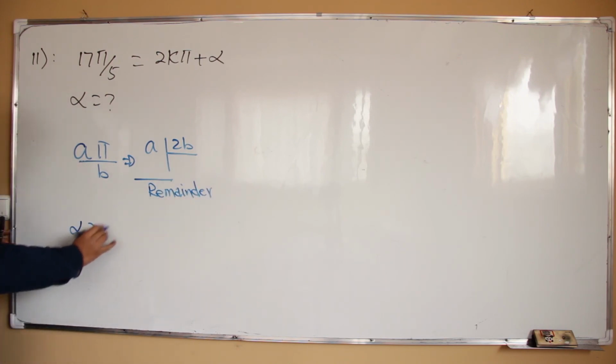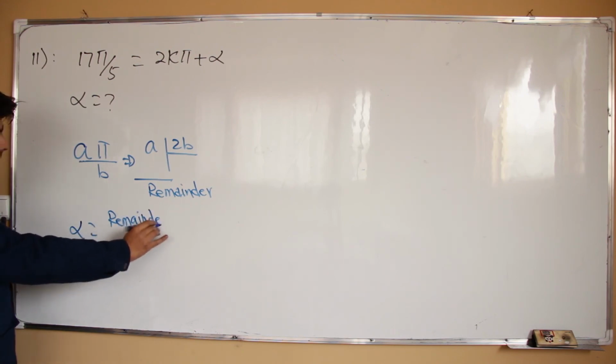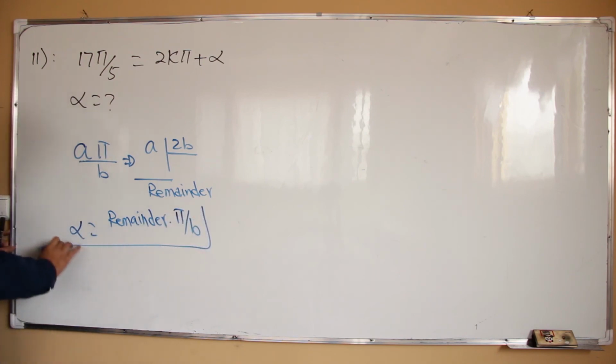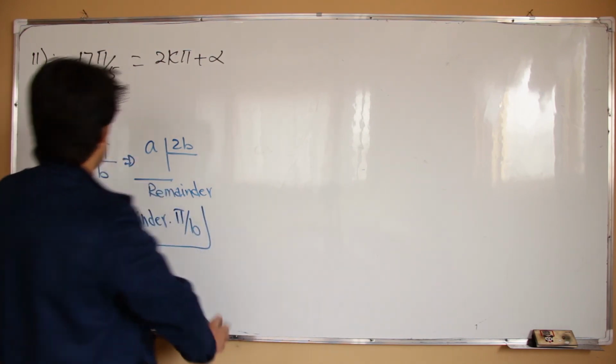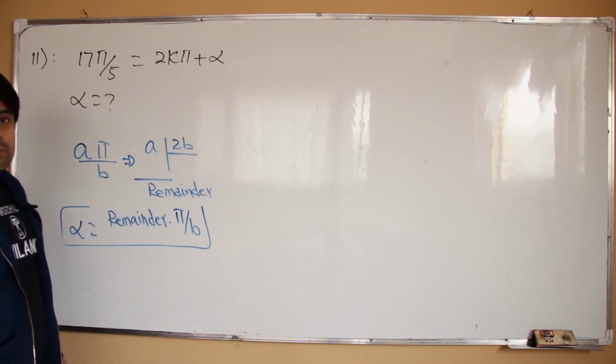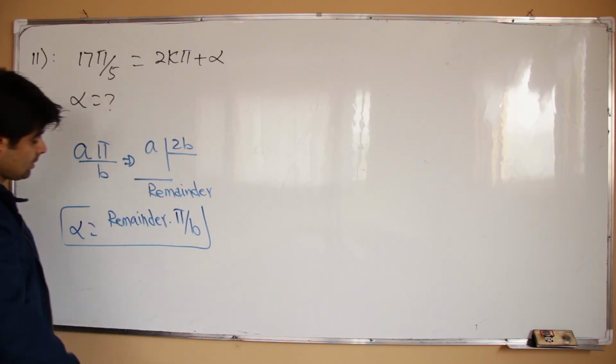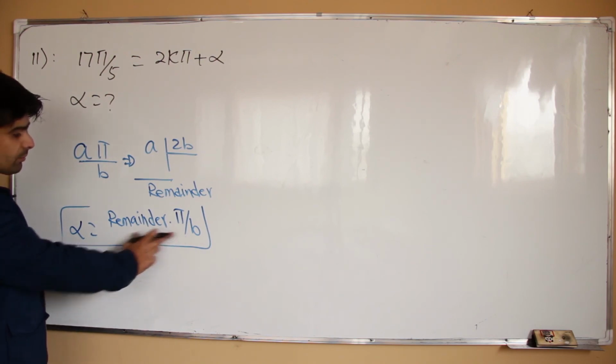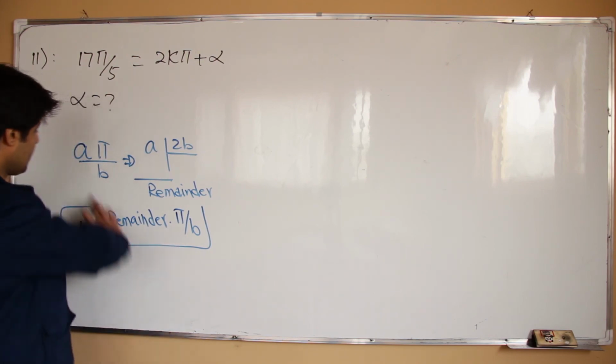So your alpha is remainder times pi divided by b. This is the way. Now if your angle is positive, this is it; if your angle is negative, then you have to subtract this part from 2 pi.